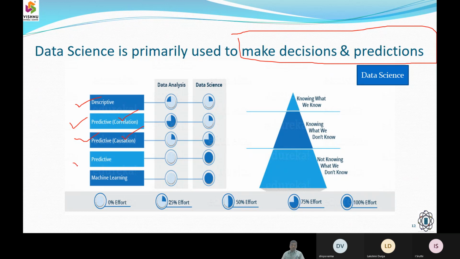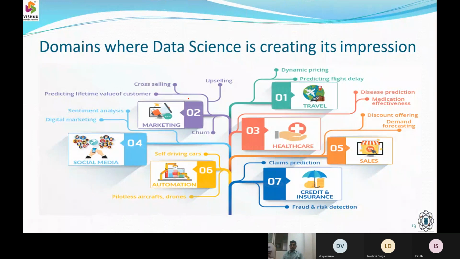So these three come into prominence along with the machine learning algorithms: correlation, causation, prediction. These are some of the prominent terms we have to come across. In our future discussions, we will have a glimpse of what exactly these terms do.